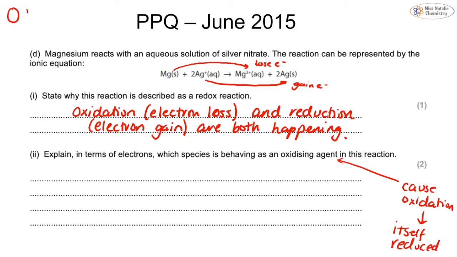So remember, our mnemonic is OIL RIG. So the one that is being reduced is going to be the one that is gaining electrons. So that is going to be our silver ion. So our Ag+, or our silver ion, is the oxidizing agent.